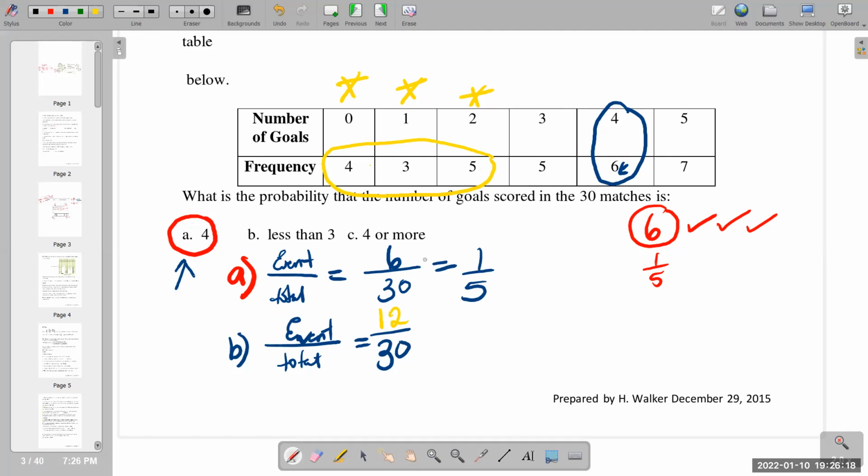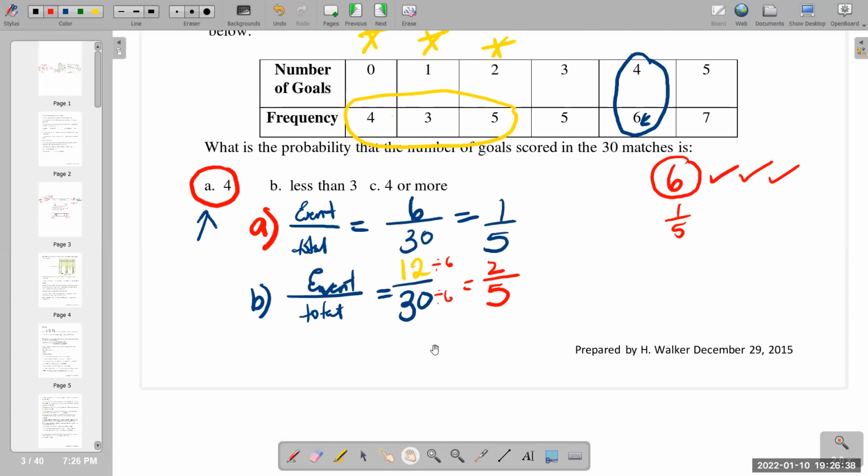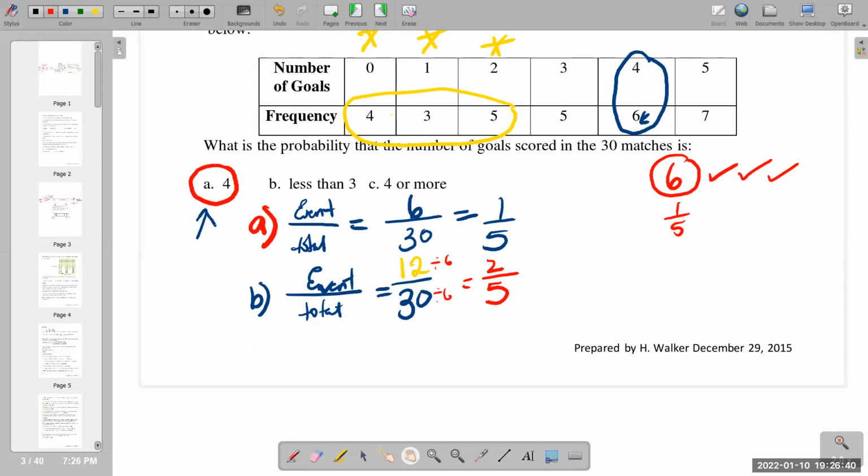You see, Jeffrey? And we know we could break this down using what number? I could use 6 because 6 is common here. So when you divide numerator and denominator by 6, it's going to be 2 over 5. Everybody getting a hang of it now? It's just questions we're going through. CXC questions don't get any harder than this. That's all you need to remember.